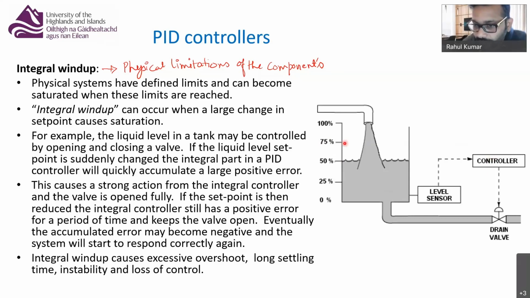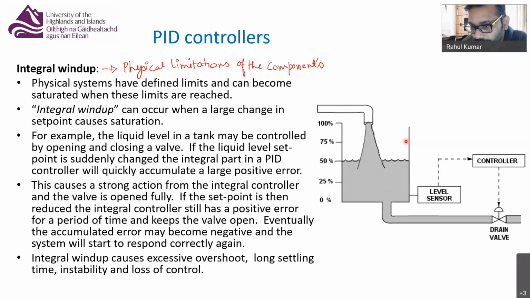After 1 second, you have again changed it back to 50%, but by that time, the controller has already performed a certain operation. If you change it to 75, the controller will close the drain valve, so that the level of the water rises to 75.